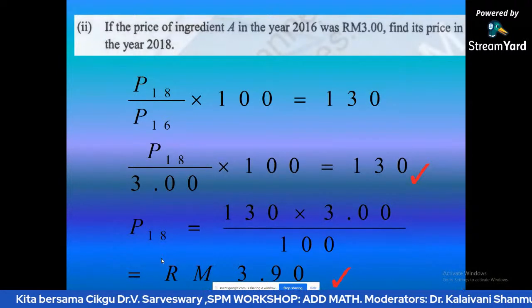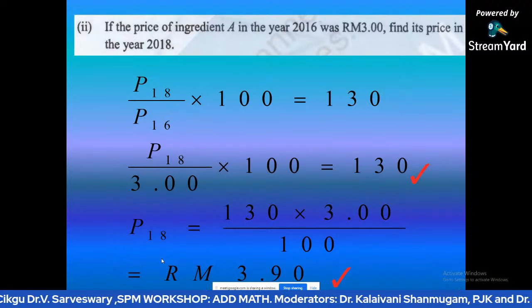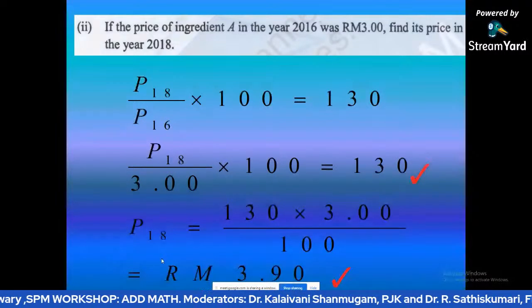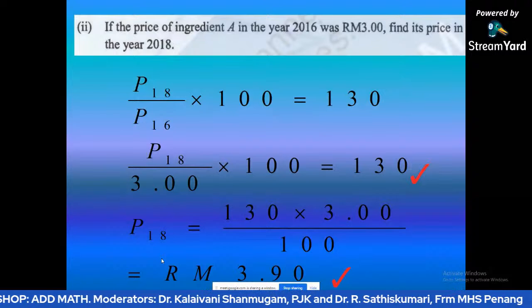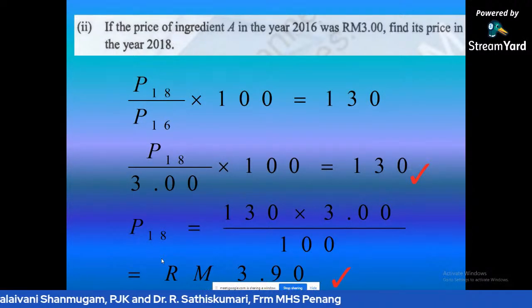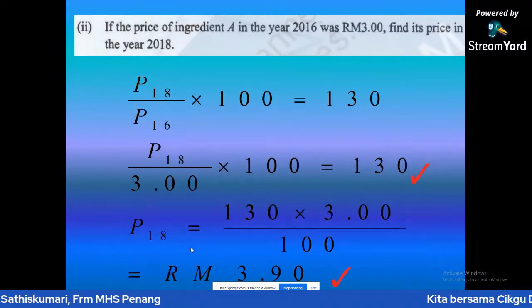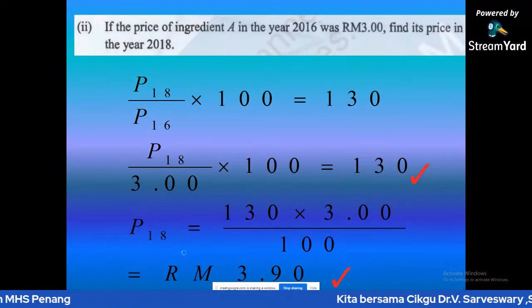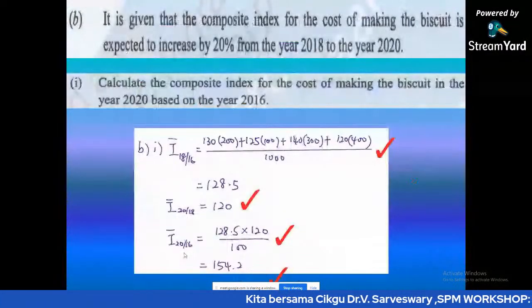So if they are talking about money, when you have cents, it should be 2 decimal places. Whatever the question, not only GP or AP, any other question talking about price or money in your exam should be 2 decimal places. Be careful with this. Okay, so be careful with your composite index.